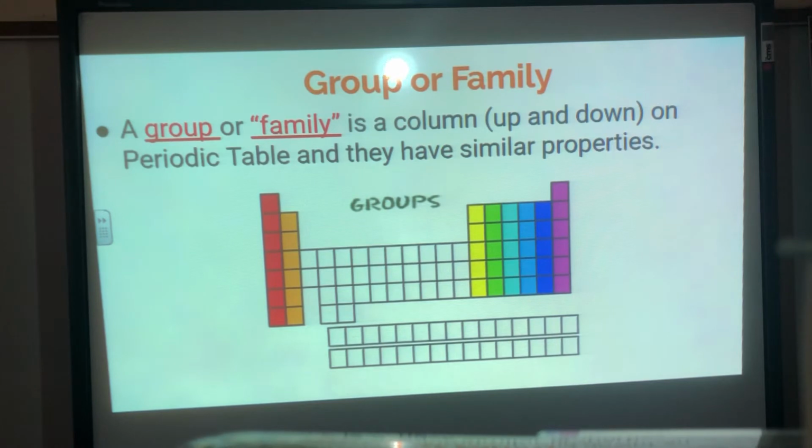A group or family is a column up and down on the periodic table, and they have similar properties. These guys are a family. They have similar properties. So are these. I'm going to show you what some of these are, okay? But that's how the periodic table has been grouped. That's what Dmitri figured out.